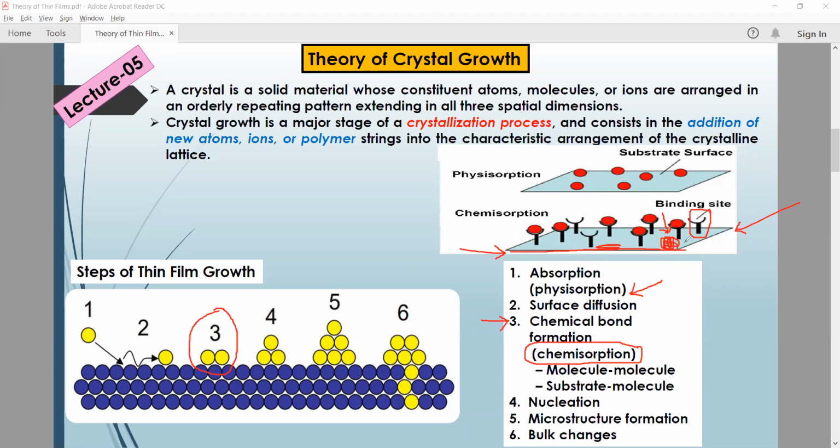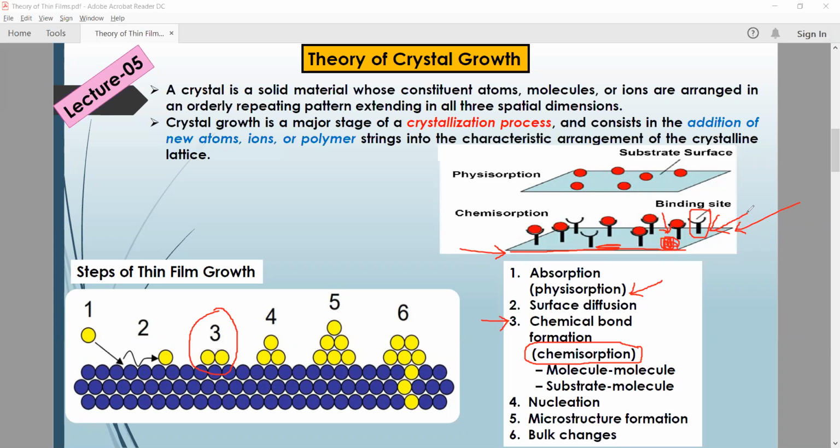And it is observed, and it is obvious, that it is an irreversible process. Why am I talking about the irreversible process? Because whenever atoms bind onto the binding site, they cannot move again, they cannot release again.